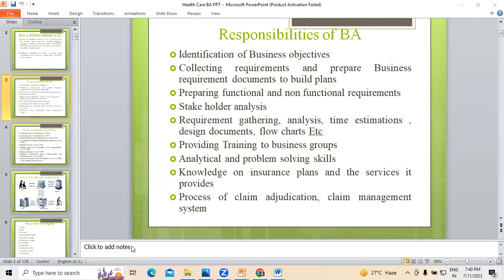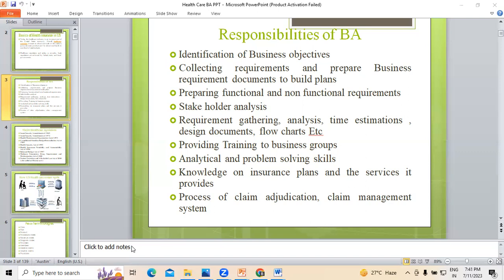If you are working for healthcare, or banking, insurance, retail, etc., these are the responsibilities of a business analyst. Let me start with it, so that if you have any confusion, it will be wiped out.